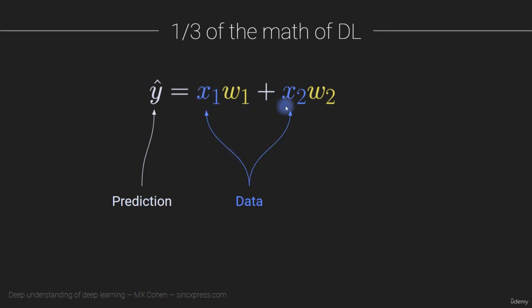Now here I'm only showing two data values, but of course in practice you have lots of data values, maybe dozens or thousands or millions of data values. And these w's here are called the weights. These are the numbers that tell the model how important each of these data features is for the prediction, for the model output.